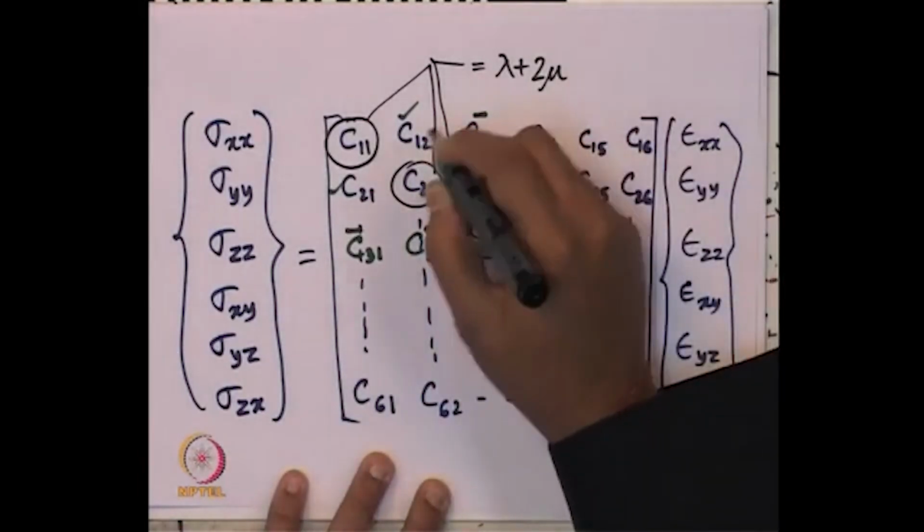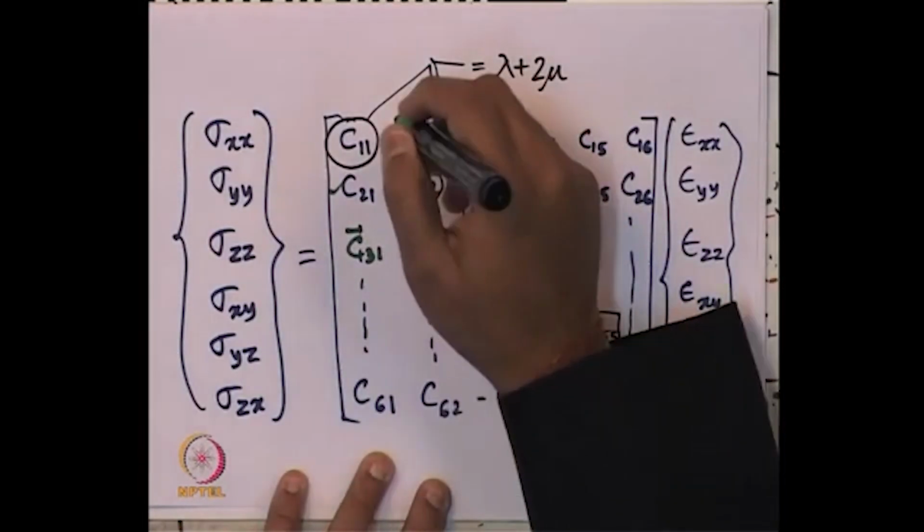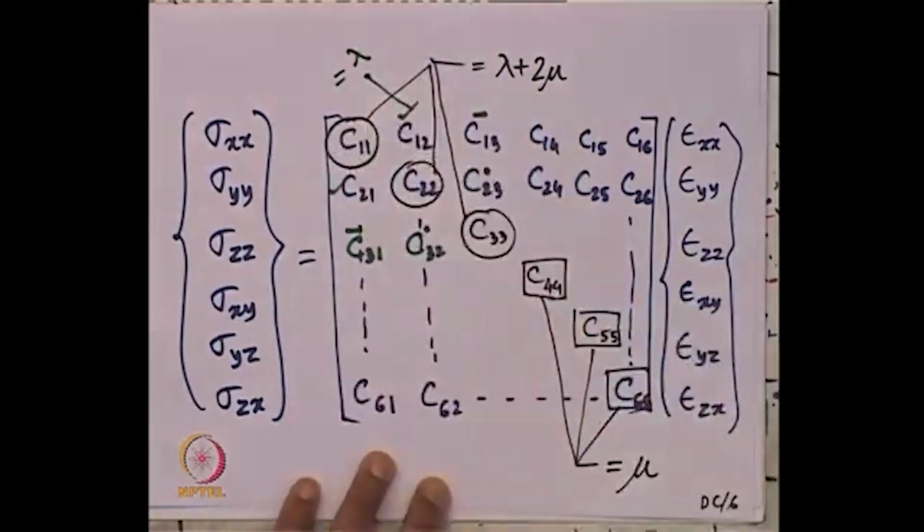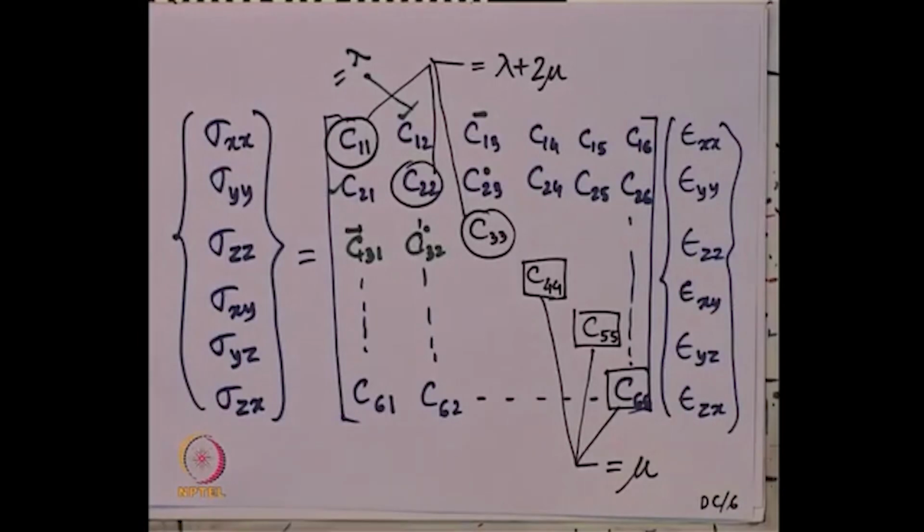All these green-colored ones which I have highlighted have values equal to lambda. So, similarly, the other parameters are also related.